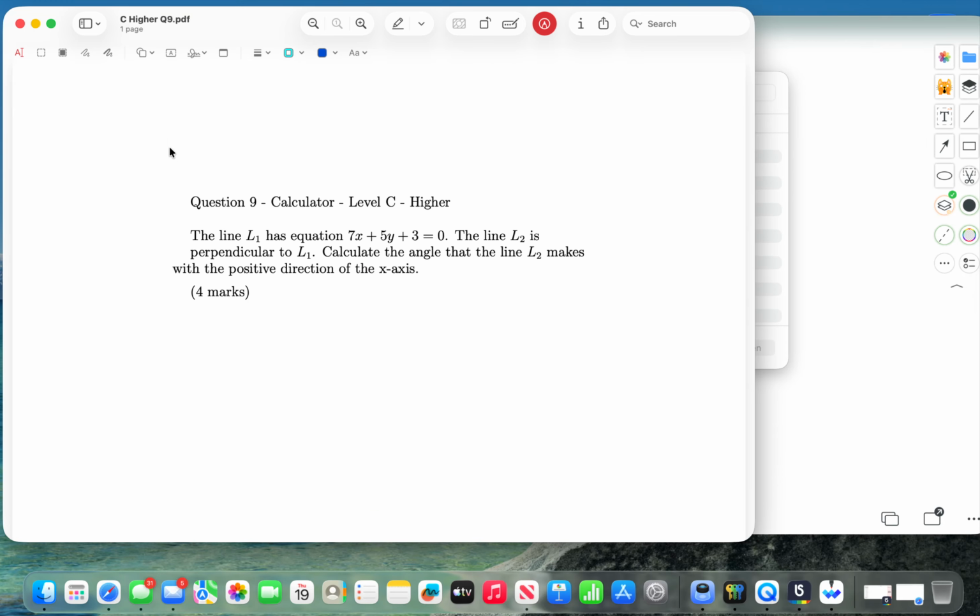So we have question 9, and we have the equation of line L1, and we know line L2 is perpendicular to L1. We want to calculate the angle that L2 makes with the positive direction of the x-axis.